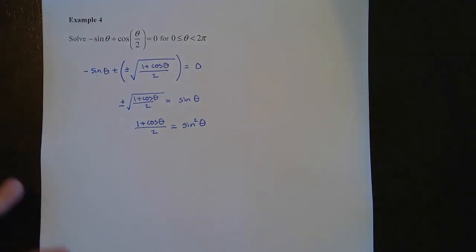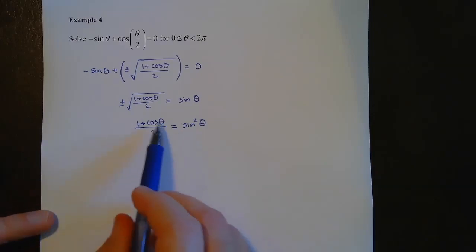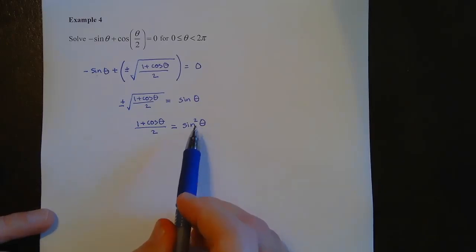We're dealing with sine and cosine, and if at all possible, you want to create one trig function. There's no way you can switch cosine theta to sine, but there is a way to switch sine squared theta, because that's a Pythagorean identity.